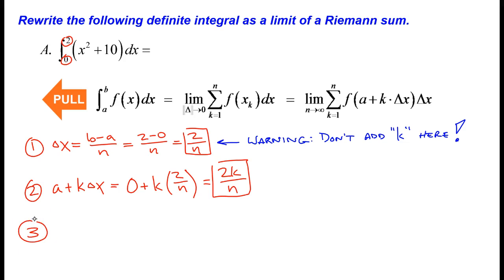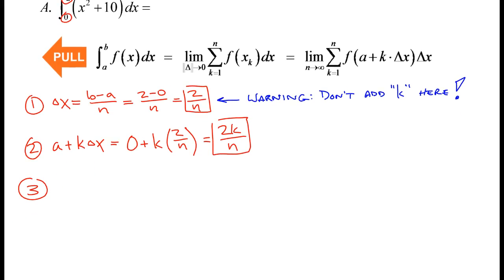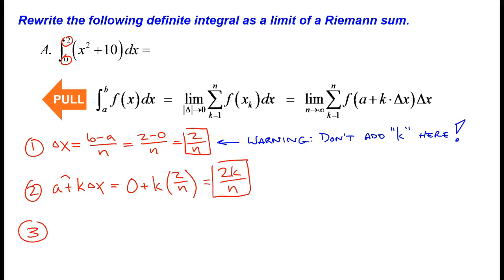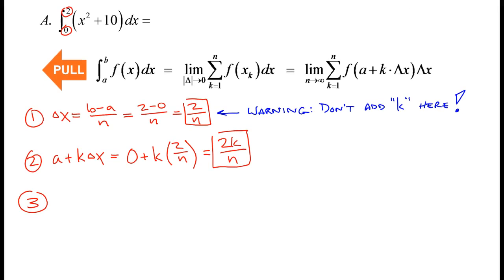Okay, step 3, what we're going to do here is actually do some substitution and come up with an expression for the following: f of a plus k delta x times delta x. For this example, we have f of x equals x squared plus 10.